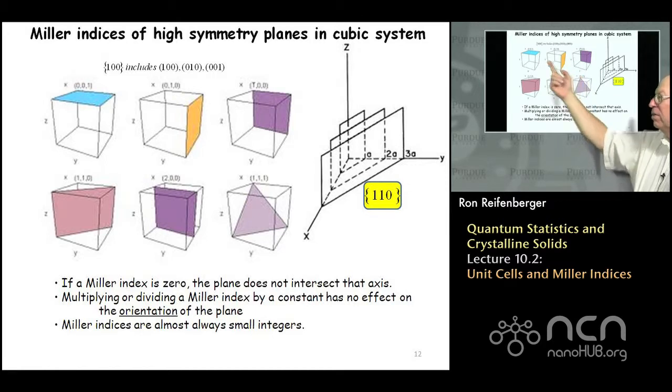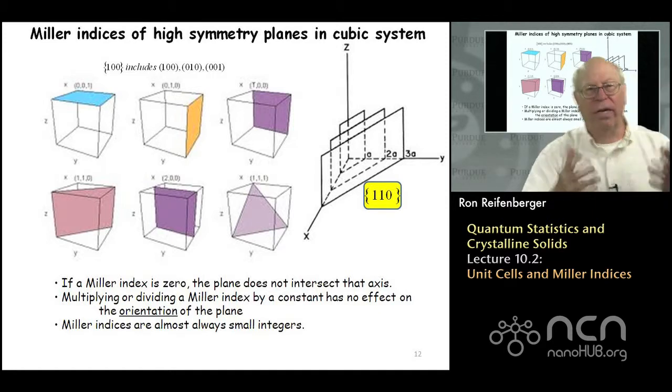That equivalence is indicated by putting the Miller indices inside of curly brackets. So whenever you see three Miller indices inside of curly brackets, that's referring to all the planes that are equivalent to one another. In this example, this blue-colored plane, this orange-colored plane, and this purple-colored plane are all {100} planes, and that's indicated by the notation like so.